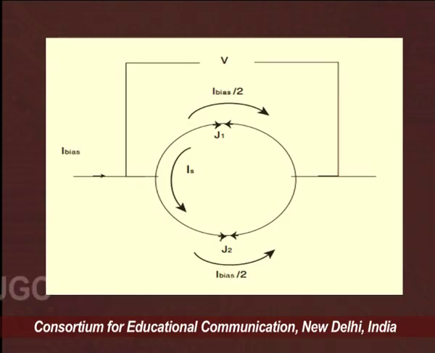We have two Josephson junctions, J1 and J2, which are superconducting and separated by an insulating material.